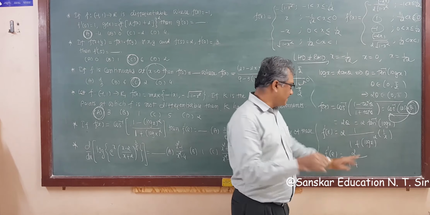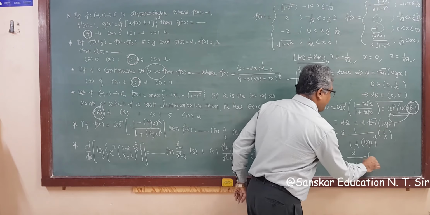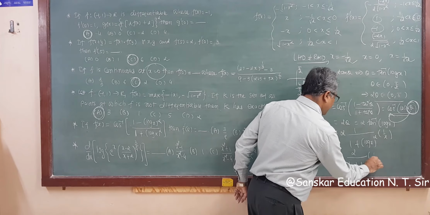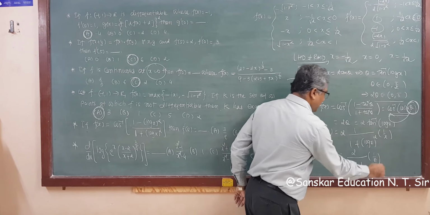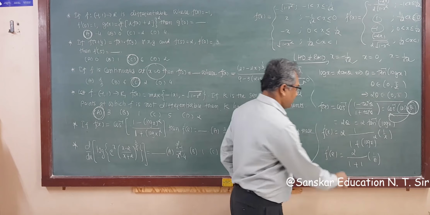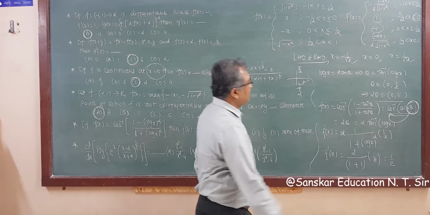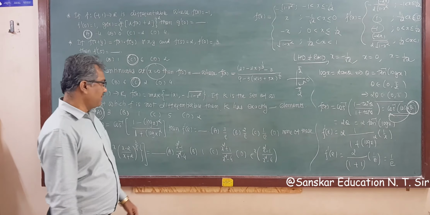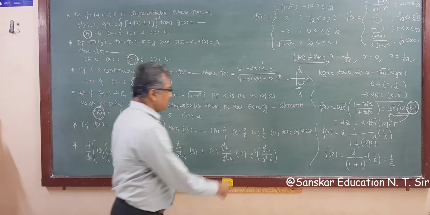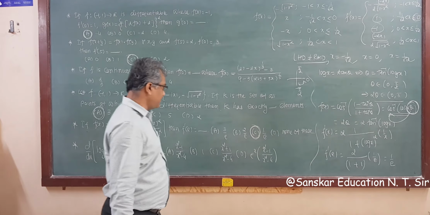You know log e is 1, so I am writing 1 directly, and 1 upon e. So this 2 will cancel, and the final answer is 1 upon e. That is option C is your final answer.